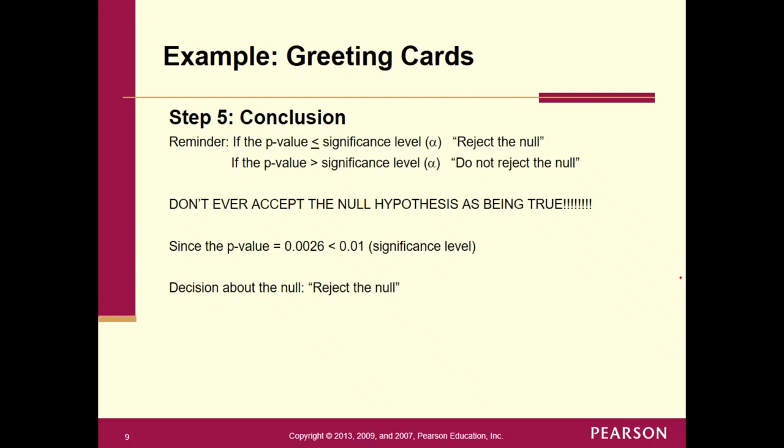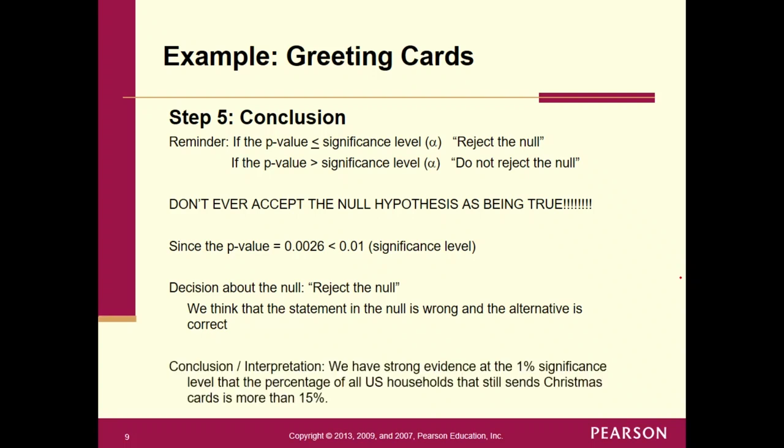Remember what that means. We have strong evidence of something. We think that the statement in the null is wrong, the alternative is correct, and we have strong evidence at the 1% significance level that the percentage of all U.S. households that still sends Christmas cards is more than 15%.